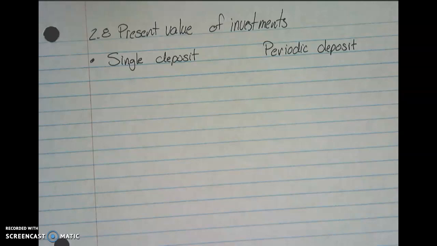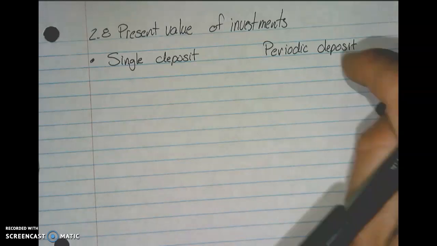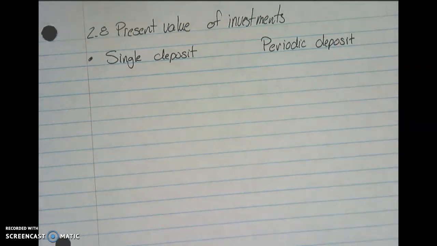A periodic deposit means I'm going to put money into it every quarter, every month, every day, something along those lines, and then I'm going to see how much it has grown, or how much it should grow.